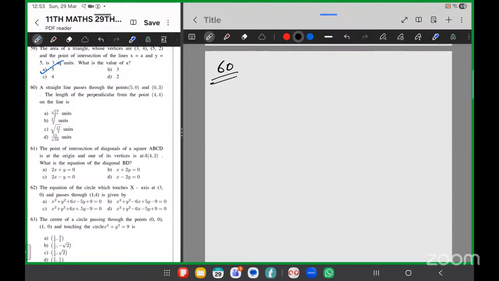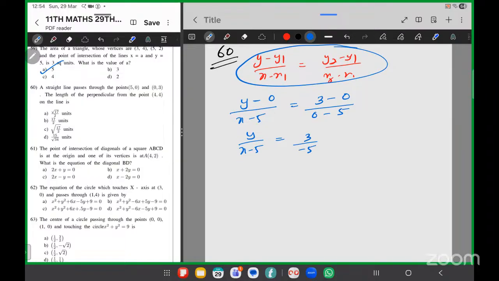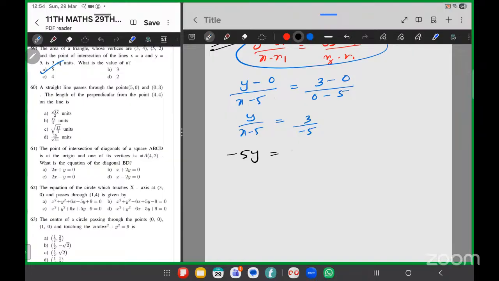So first of all, you have to calculate the equation of the line. y by x minus 5 equal to 3 by minus 5. So 3x plus 5y minus 15 equal to 0.